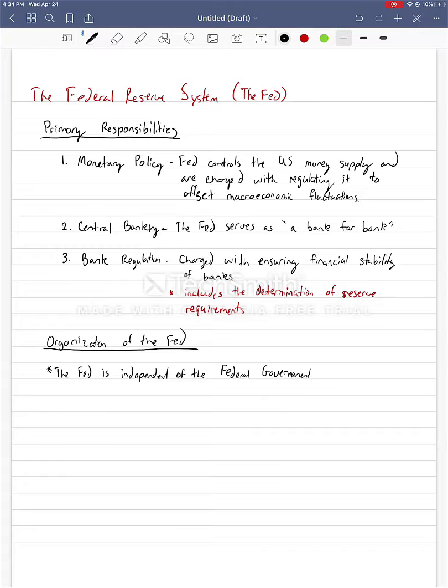But as I mentioned, moving forward, the Federal Reserve consists of 12 districts and 24 branches. The group that oversees the districts is the Board of Governors.